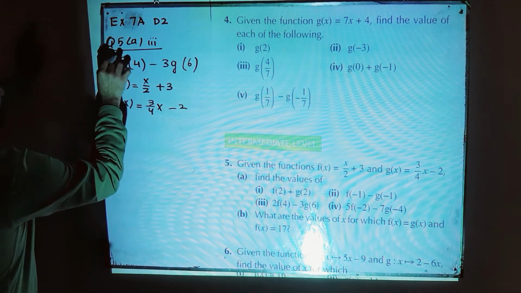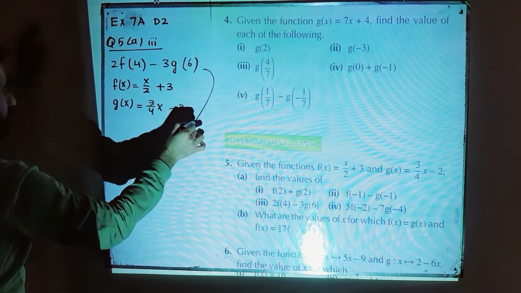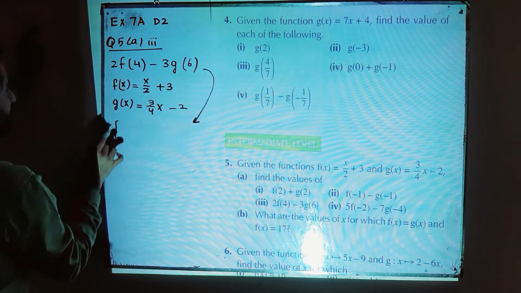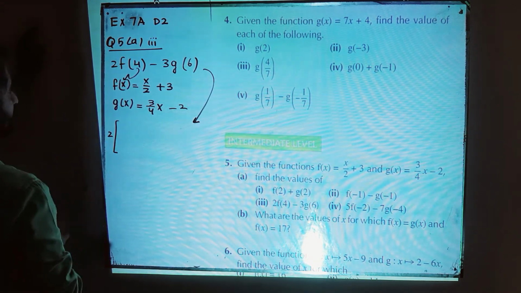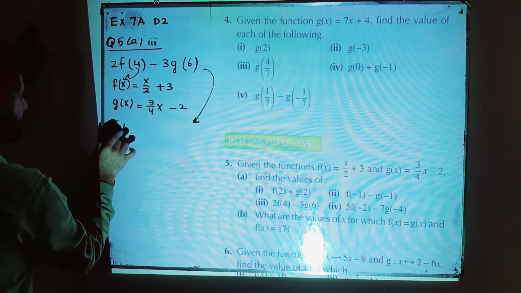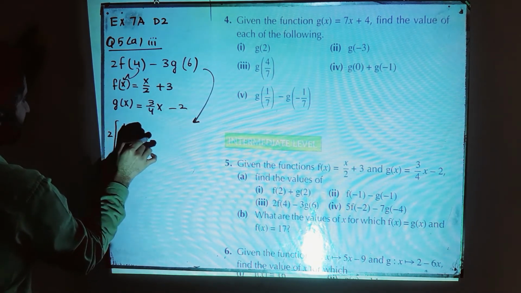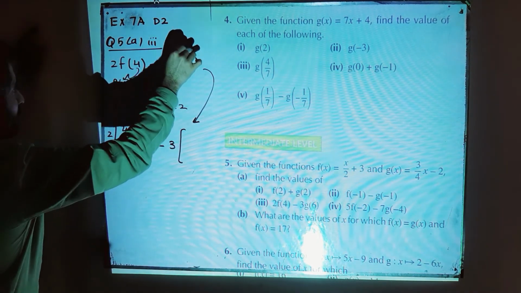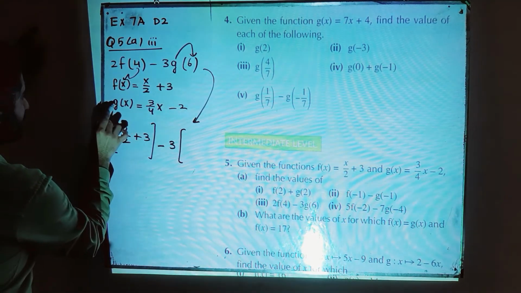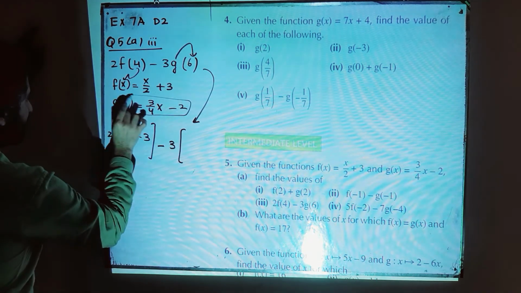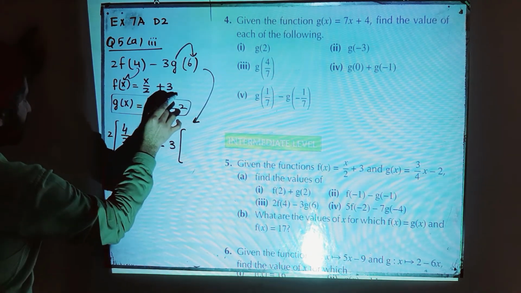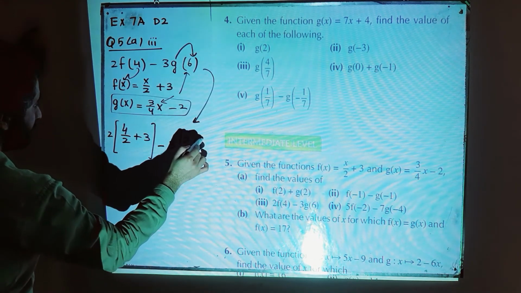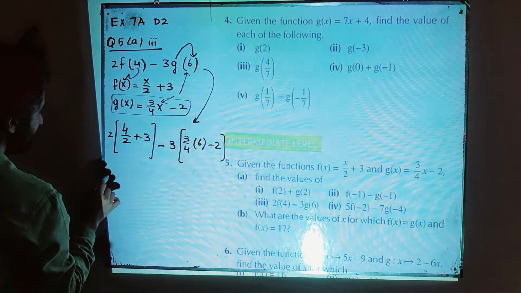So just use this equation over here. 2 f of 4 means use x equal to 4, so in place of x use 4 by 2 plus 3 minus 3 g of 6. In your function of g use x equal to 6, so 3 over 4 into 6 minus 2.